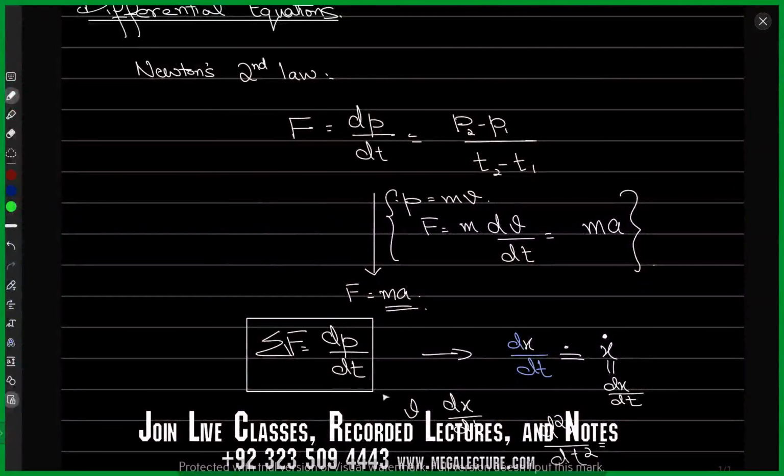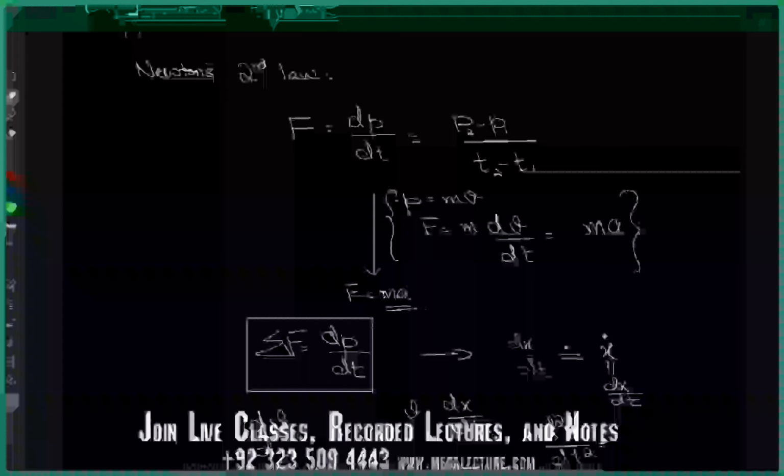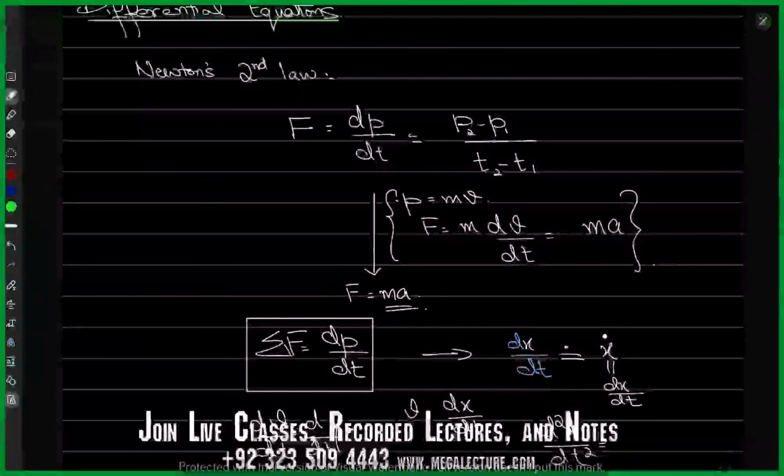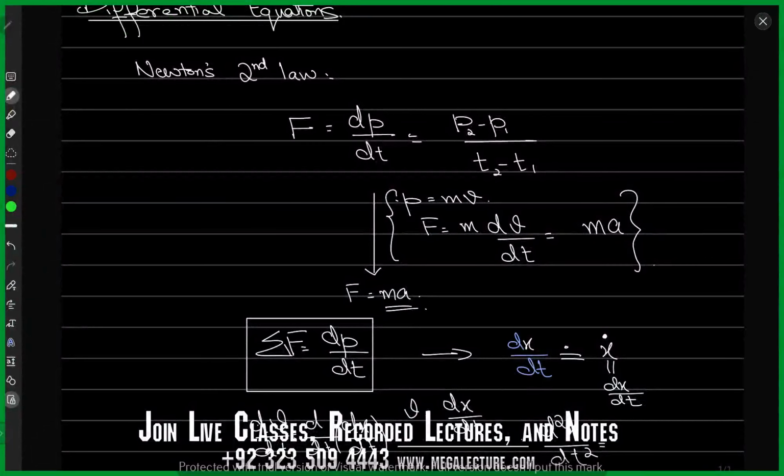What I'm doing is I'm just taking the derivative now of velocity, right? But we know velocity is dx over dt. So I have d over dt of v, but this v is again dx over dt, which means this thing is just d squared x over dt squared.